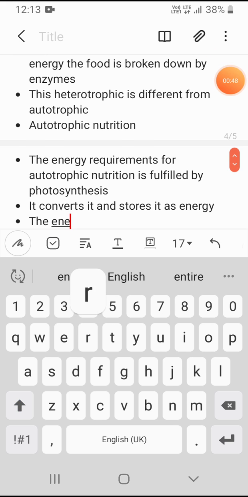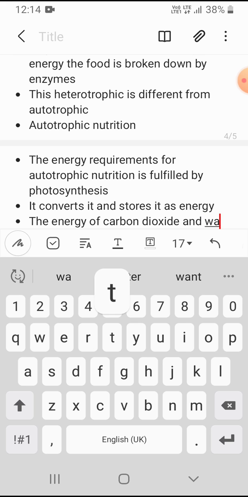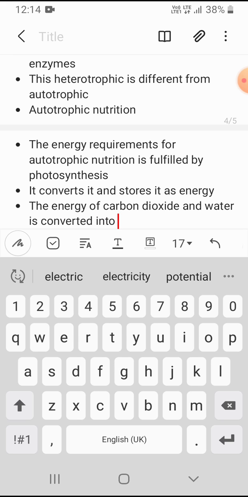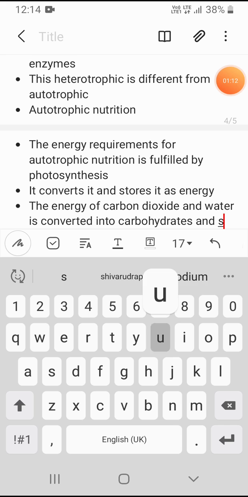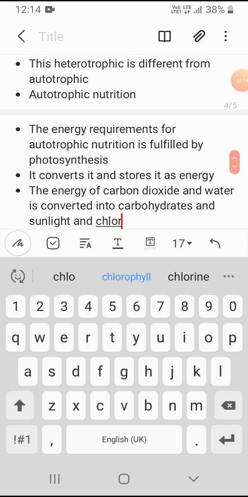Carbon dioxide and water are converted into carbohydrates, and sunlight and chlorophyll are also present.